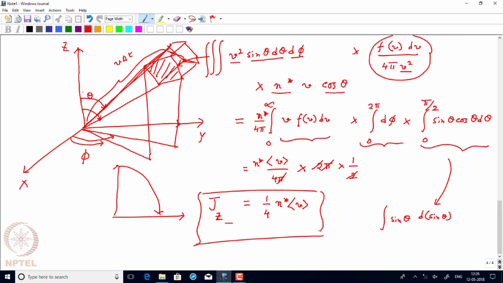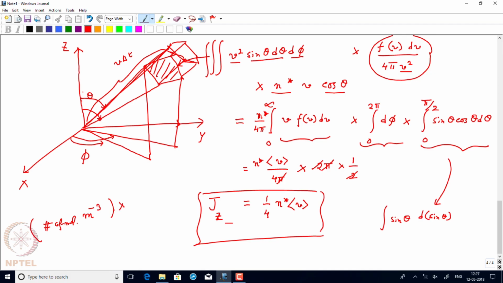Now let us quickly check the dimensionality. What we just got is that the flux is connected to n star. 1/4 is a number. n star is a density. Remember that we calculated the total number of molecules by taking the volume of the cylinder multiplied by the density. Density means per unit volume, so 1 over centimeter cube or 1 over meter cube. Let us use the meter cube notation. So the dimension of n star is number of molecules per meter cube.